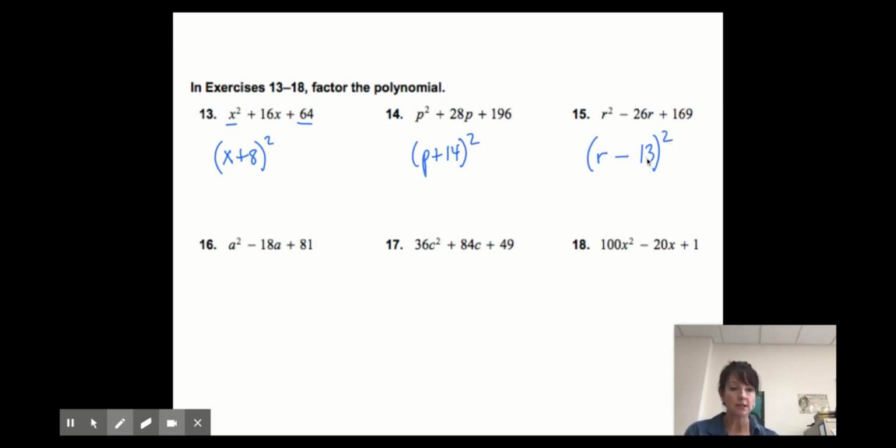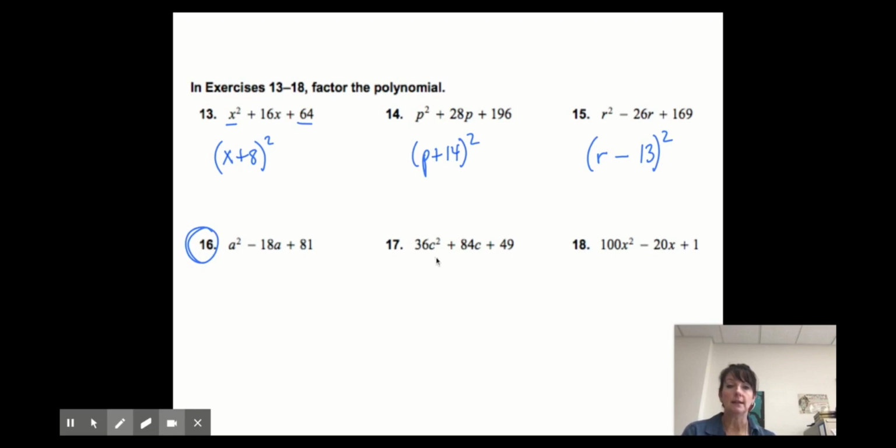I'm just reversing that pattern, taking the square root of the first term and making that the first term, the square root of the last term making that this term, and separating it with a subtraction. Okay, why don't you do number 16? Write the factored form of number 16.